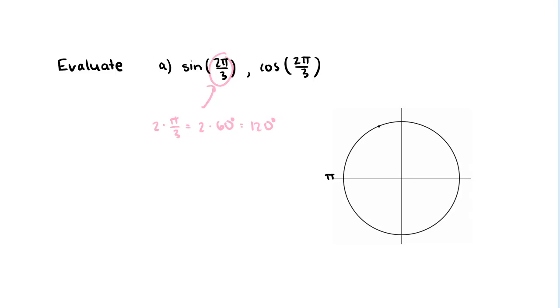And so I think this is about right for our angle of 2 pi over 3. And so we're looking at this point here. And again, there's a triangle in this picture where its y coordinate is this measurement here and its x coordinate is this measurement here.